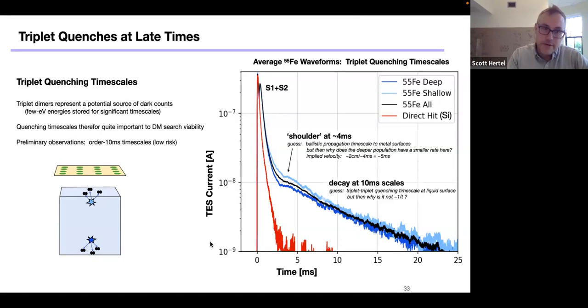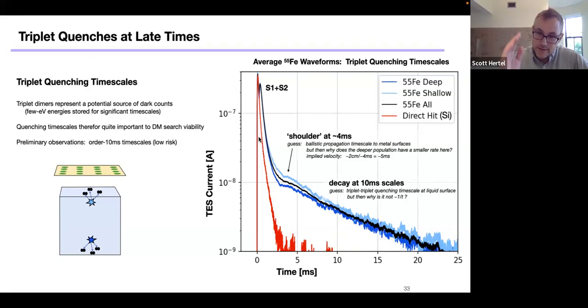If you average together very many events, then you can get power as a function of time. And you see these timescales at tens of milliseconds after an event that we assume are due to triplet quenches after long delay. There's a couple of features here. We see a shoulder at roughly 4 milliseconds. So first, I'll just start.